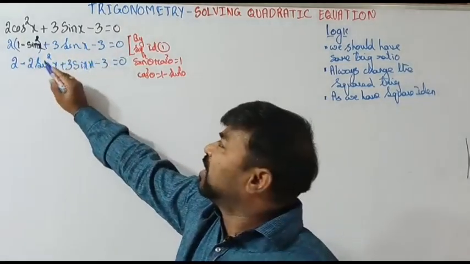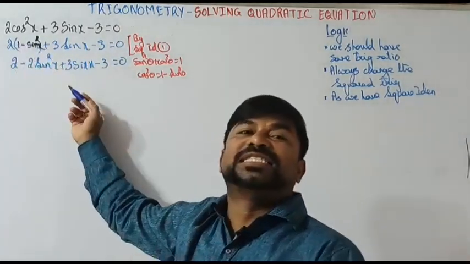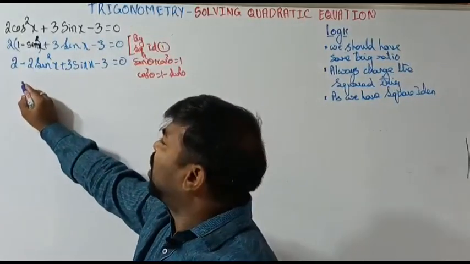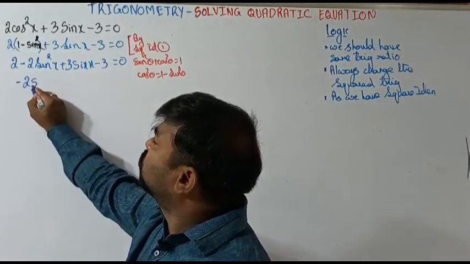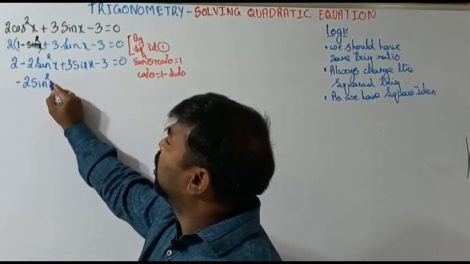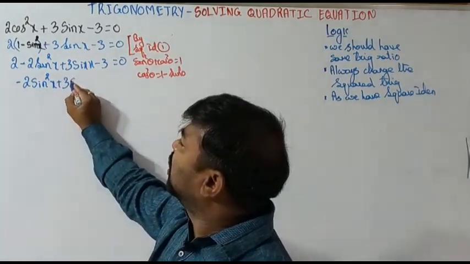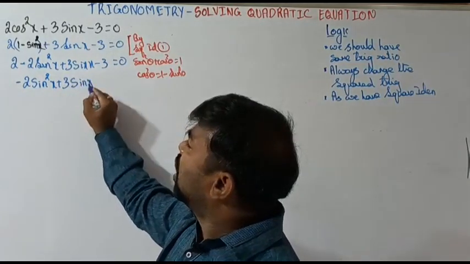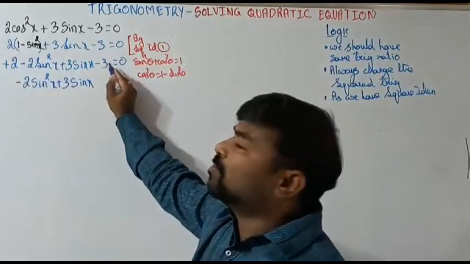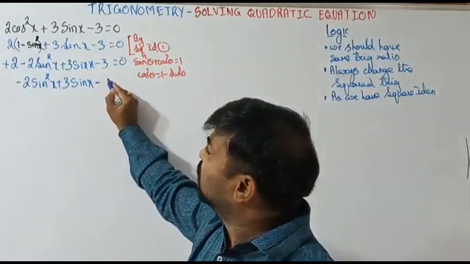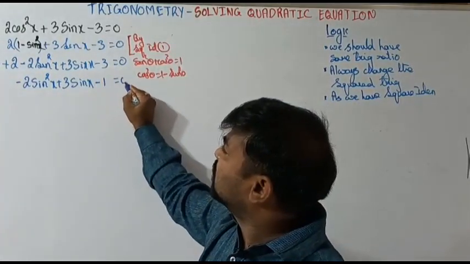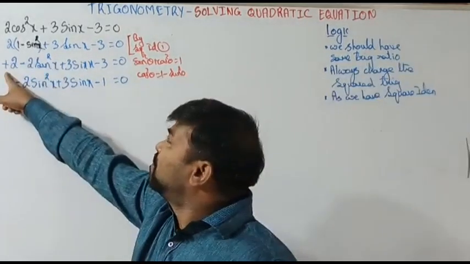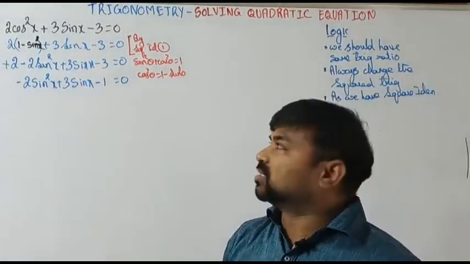What I have done is just distributed. Now I am starting simplifying. Minus 2 sine square x, plus 3 sine x. Now plus 2 and minus 3 is nothing but minus 1, equal to 0. So plus 2 minus 3, I made it minus 1.